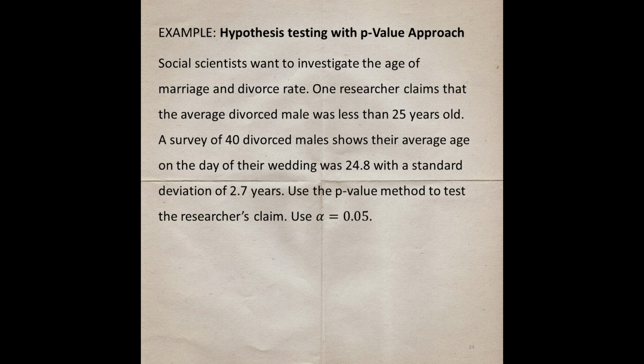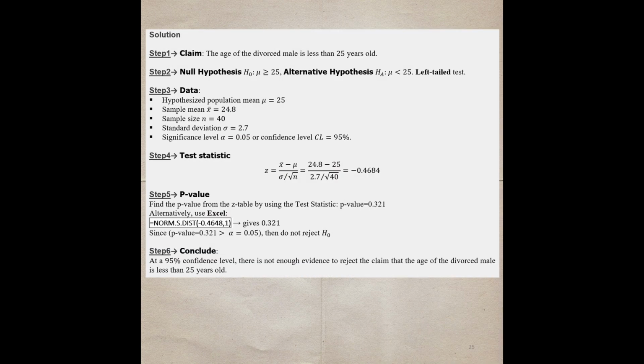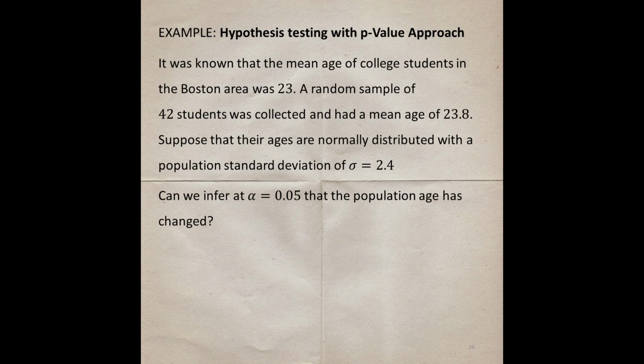Use the p-value method to test the researcher's claim. Use alpha equals 0.05. Pause the video and try it. The solution is straightforward with the step-by-step procedure proposed in the textbook. Pause the video and compare your results with the solution.